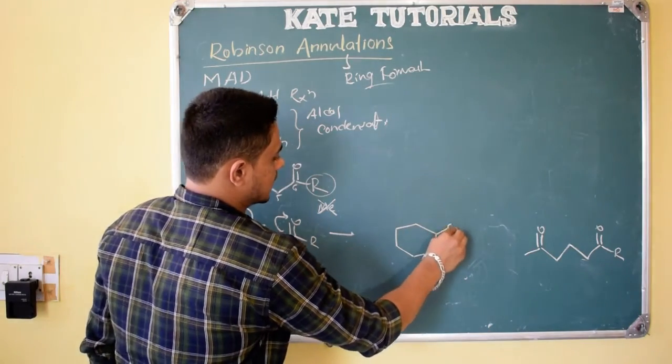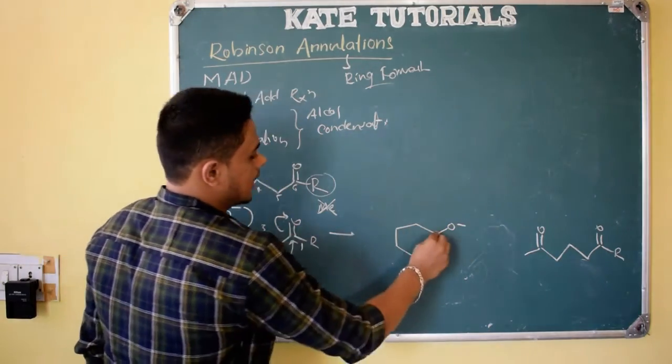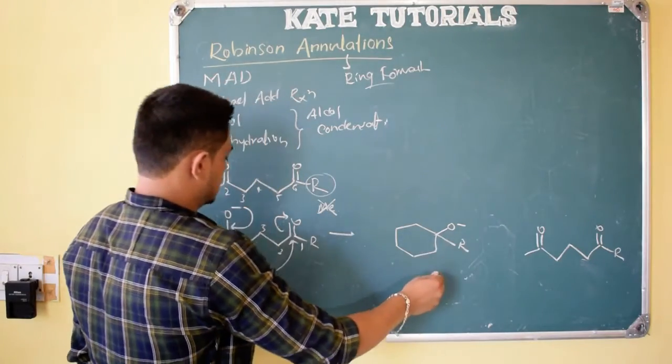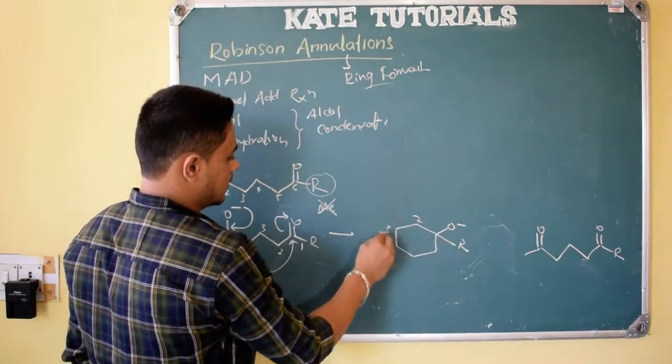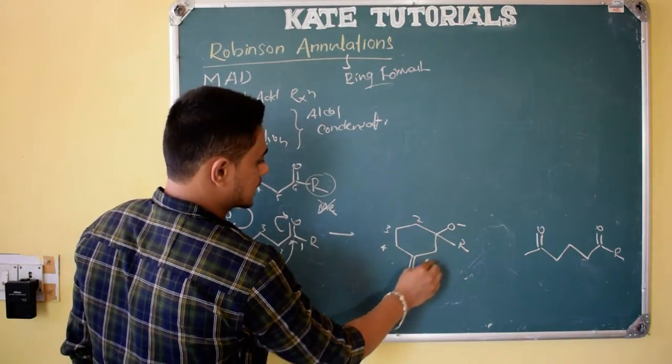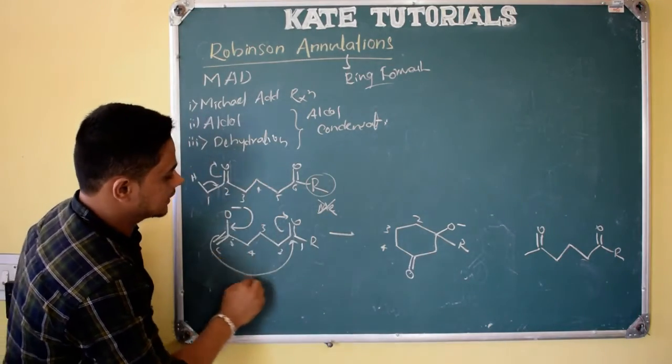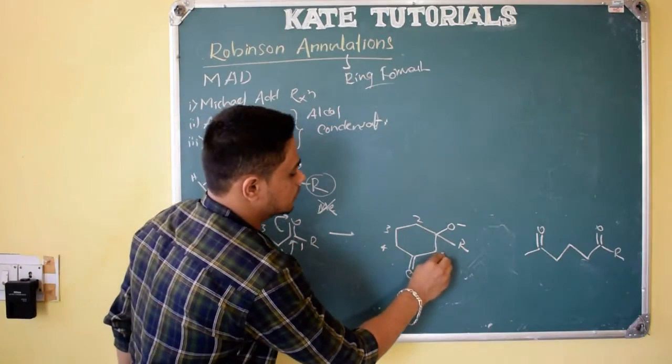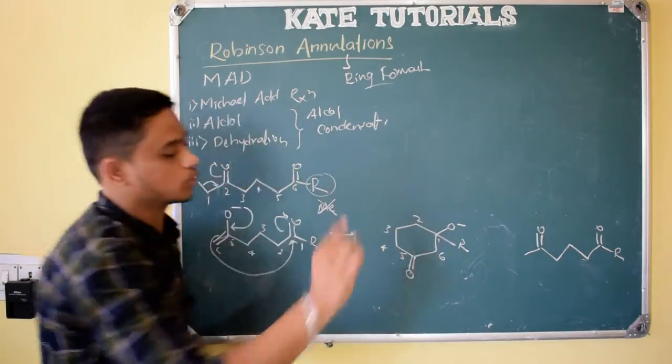Here it will get O minus charge, and at first position R group is there. Second, 3, 4, fifth position double bond comes, and sixth position is attached to first position.